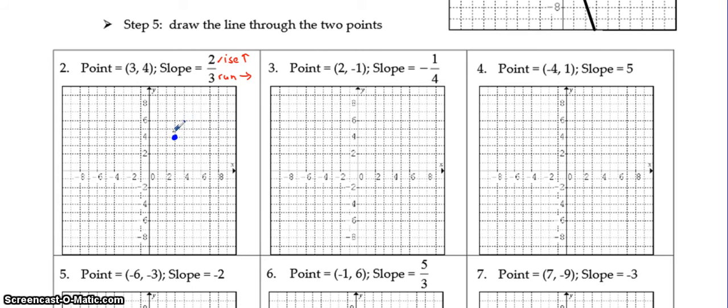So from that point, 2 up and 3 to the right, and plot your second point at the end of that rise and run, and draw a line through those 2 points, making sure it goes all the way to the edge.